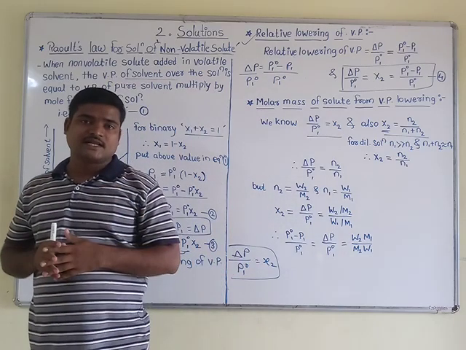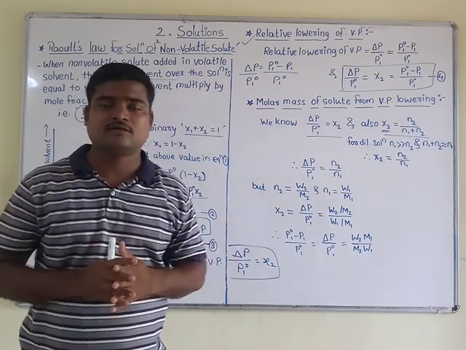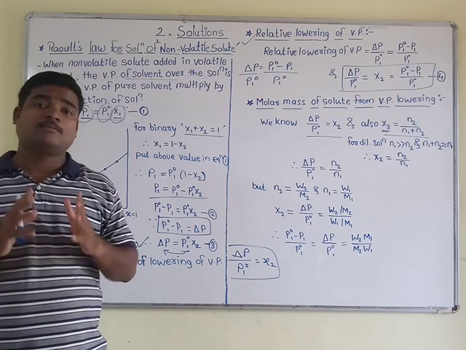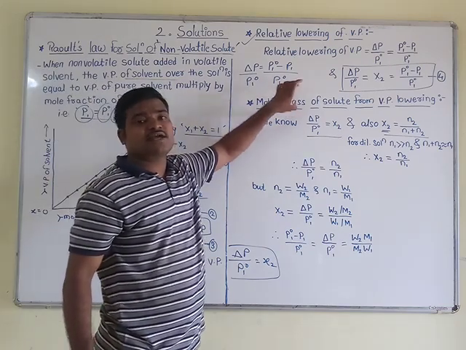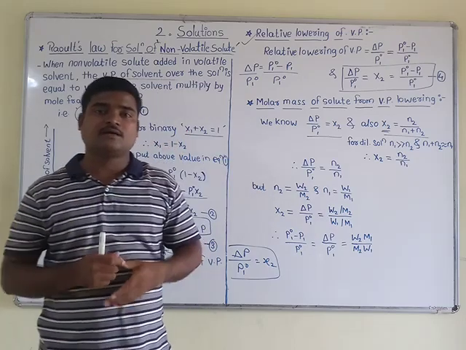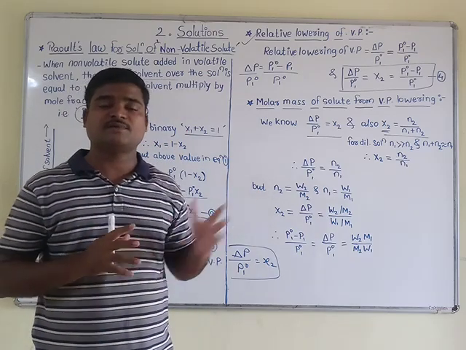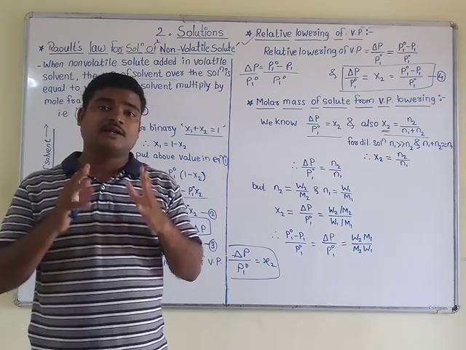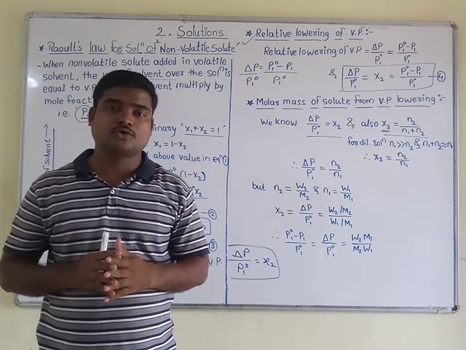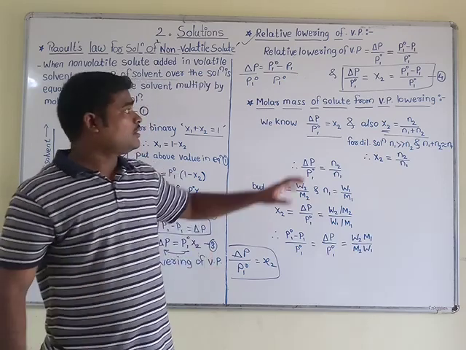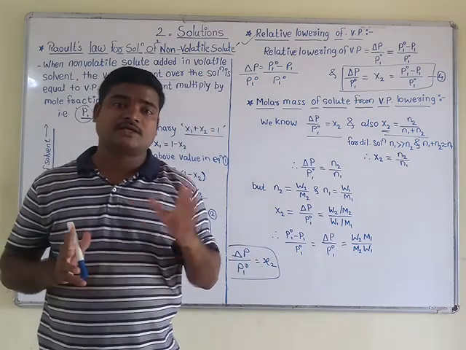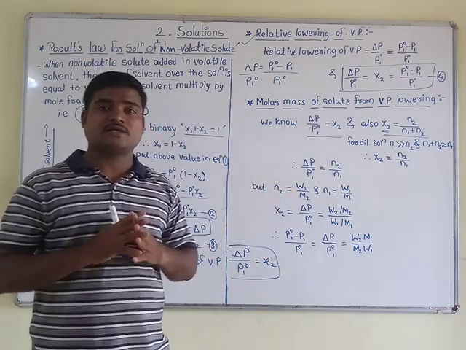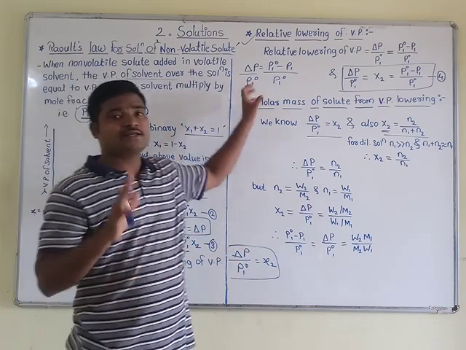In our old syllabus this point is there, but some modifications are made in the title. In our old syllabus the point is mentioned as the relationship between molar mass of solute and lowering of vapor pressure. The meaning is the same, but the title is changed.